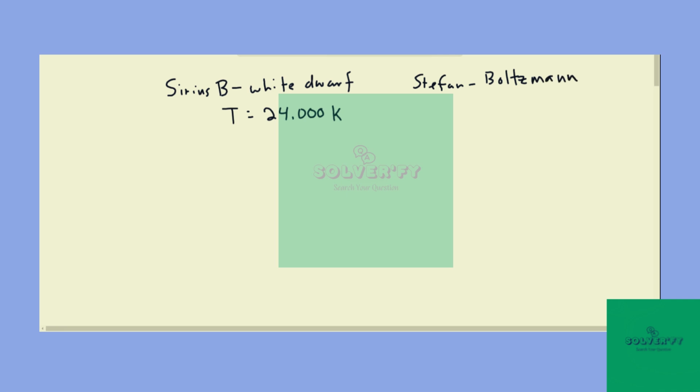What this formula relates is the flux or intensity of radiation from a black body, which is defined to be the power radiated per unit surface area, is equal to, we'll write it down for a perfect black body, the Stefan-Boltzmann constant times T to the fourth, where the Stefan-Boltzmann constant is often considered to be a fundamental constant, but it is related to things like the Boltzmann constant and the Planck constant.